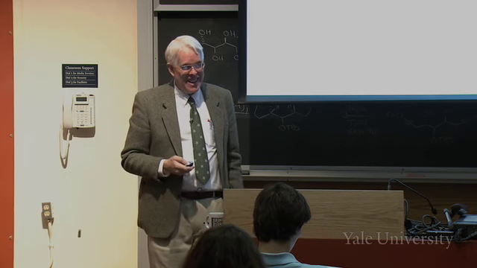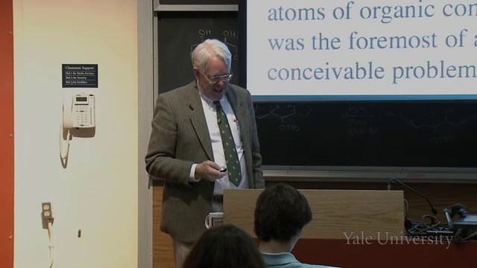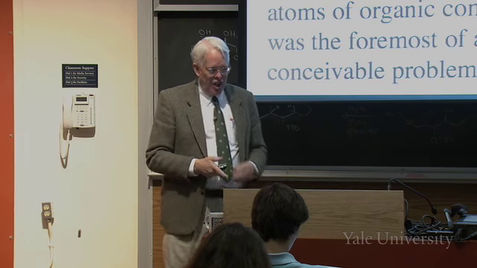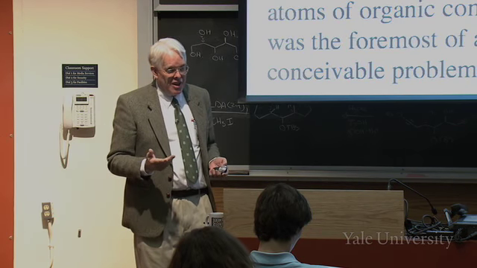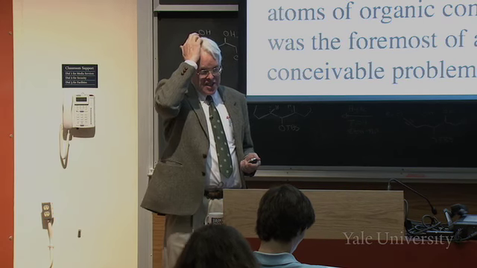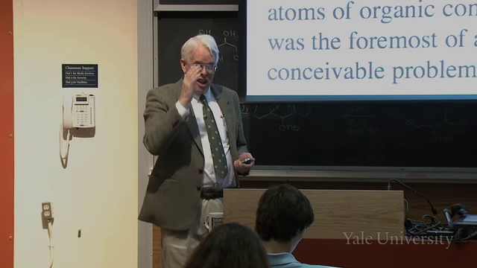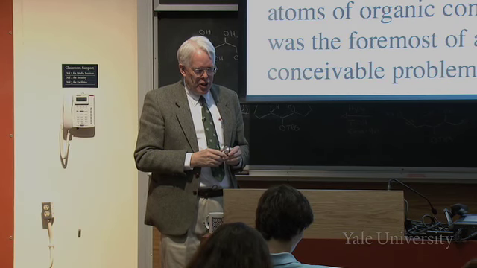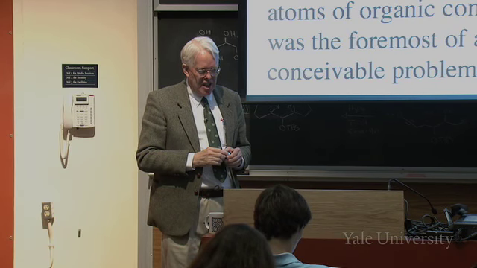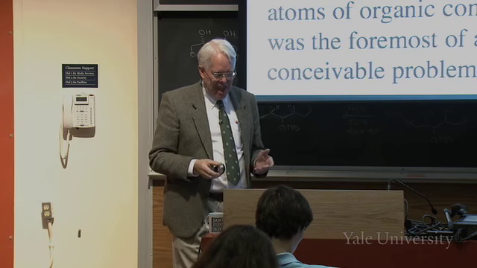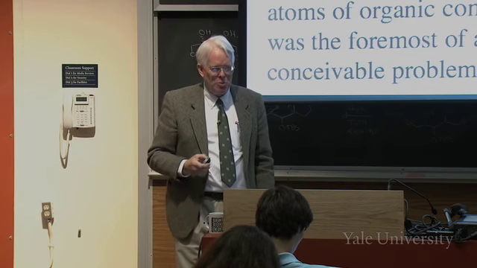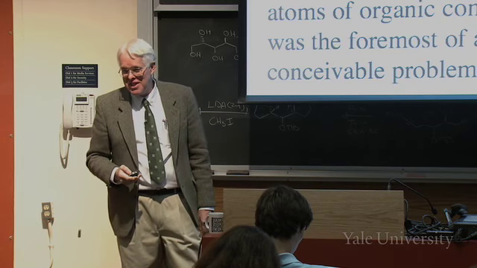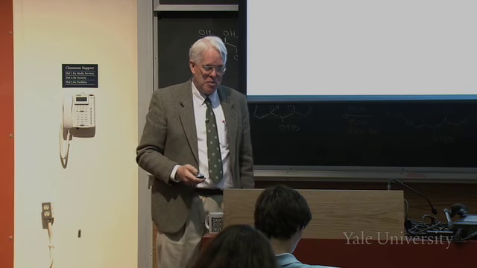Not very likely, okay? So this is edited by Ostwald, who didn't even believe in atoms, remember, and wrote disparagingly of his successor in Riga, who had been an organic chemist. Scientifically, he had been brought up in the narrow circle of contemporary organic chemistry, and to him, the arrangement in space of the atoms of organic compounds was the foremost of all conceivable problems. That wasn't what Ostwald thought was the best problem.